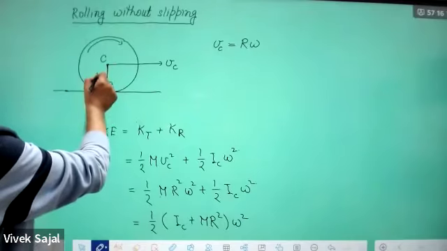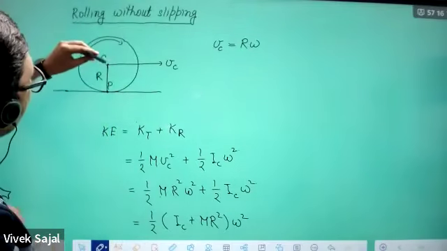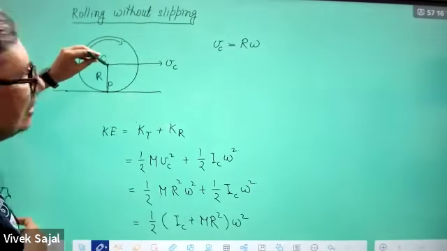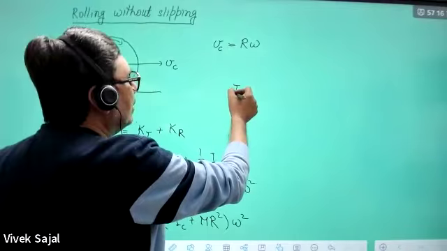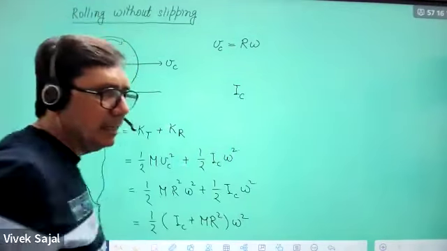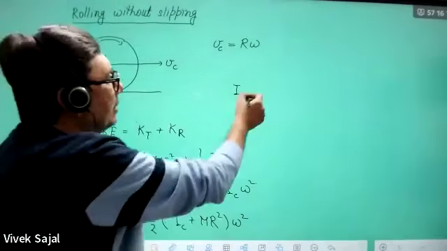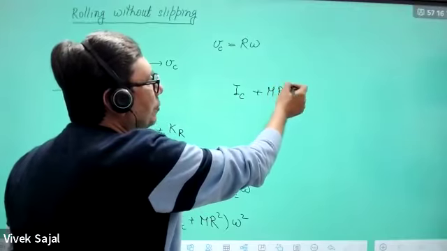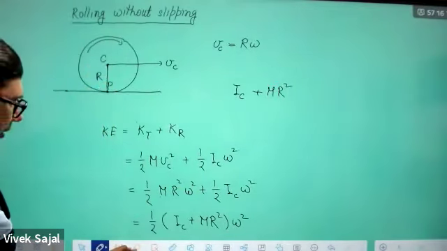So from the parallel axis theorem, the moment of inertia about the axis passing through the center of mass is IC, and then you are adding a term MR square with it. M is the total mass, and R is this distance from C to P.